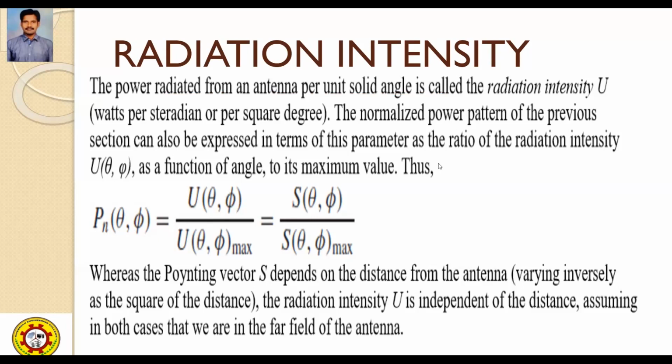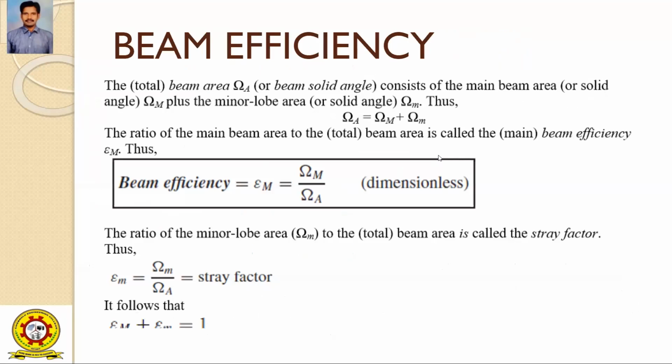Good. The next parameter you are watching on your screen is called beam efficiency. You are familiar with beam area or beam solid angle. The beam area or beam solid angle can be expressed in terms of this beam efficiency.